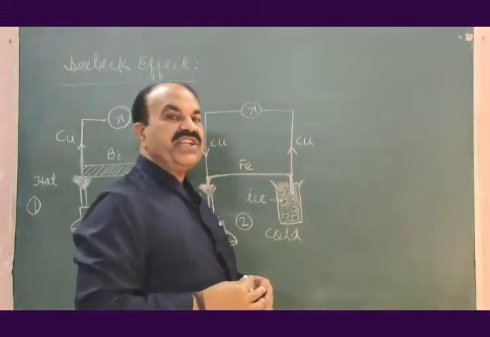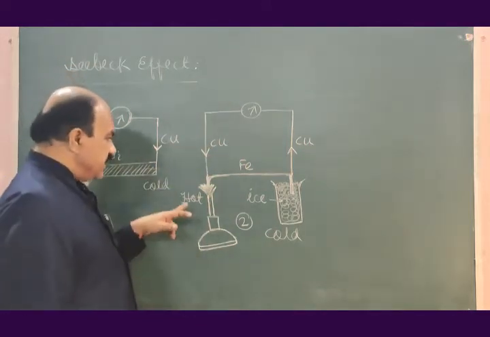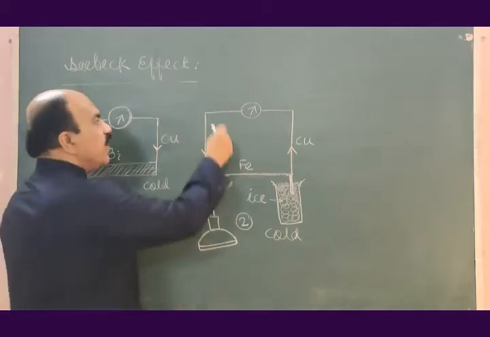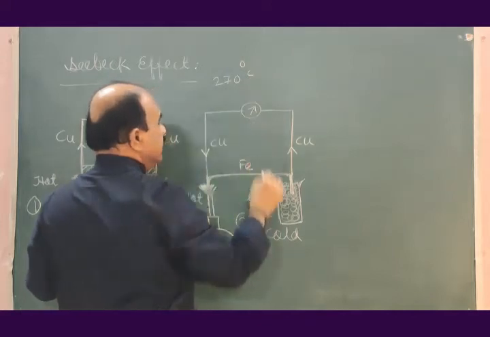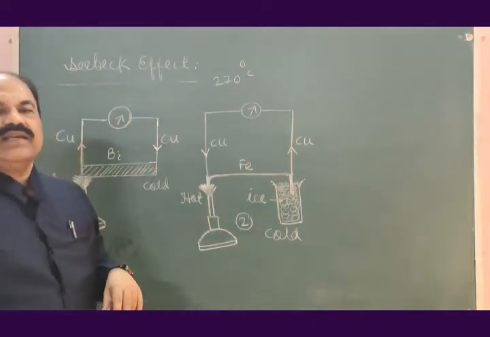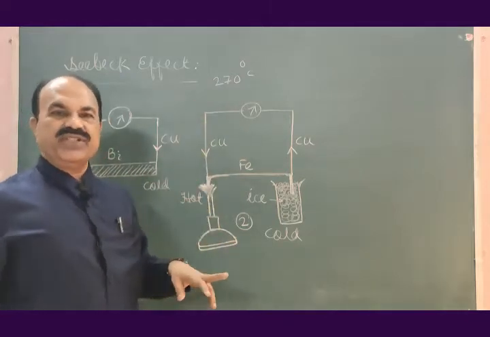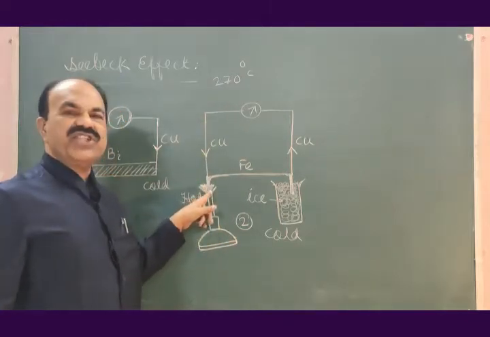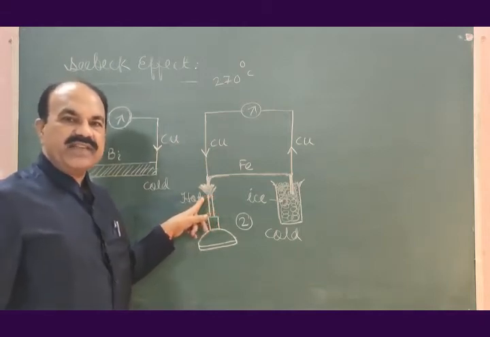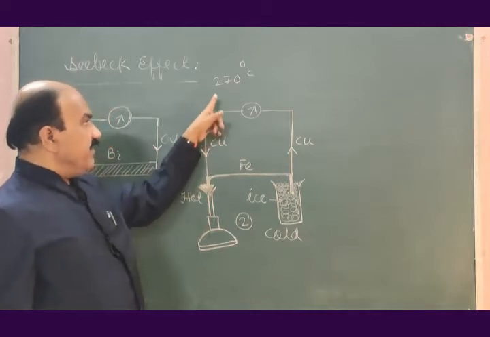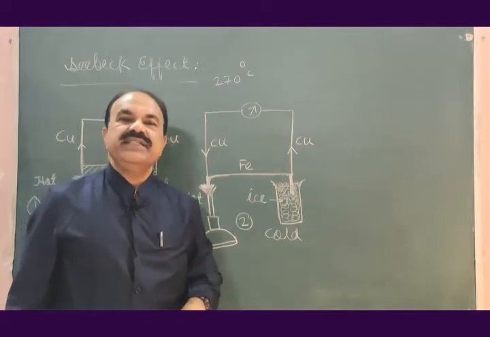The continuous increase in current in the galvanometer continues till the temperature of the hot end becomes 270 degrees Celsius, and this will continue till the temperature of this hot junction becomes 270 degrees.